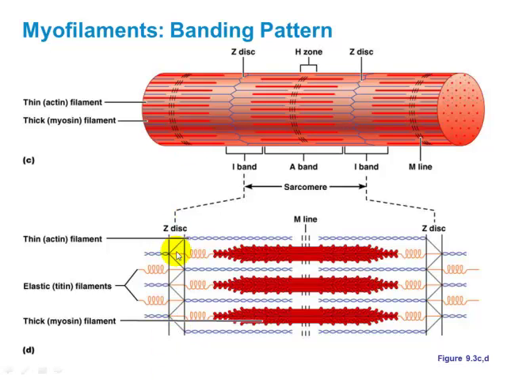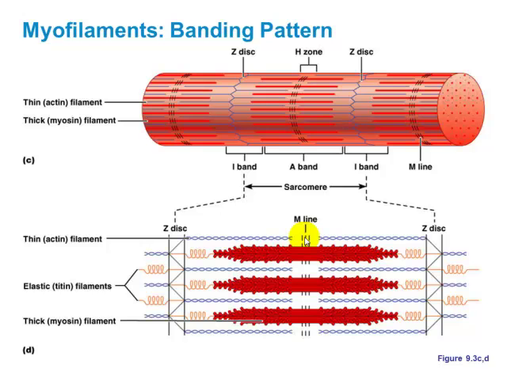This is going to be where you have kind of an anchoring system. Right? Then we have overlap. Okay, there's overlap between these thin and these thick filaments. There is an M line, right, and that's right in the middle. Okay. That middle line is going to be where the contraction is going to move to.